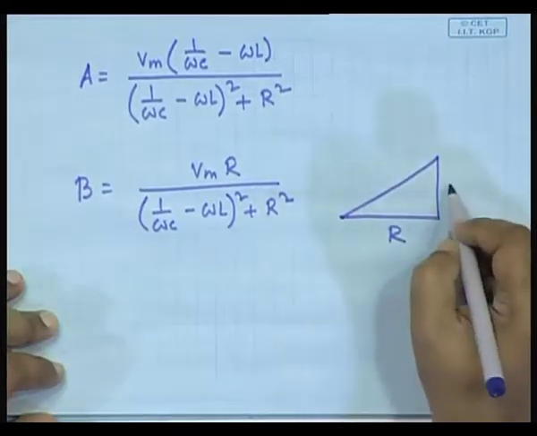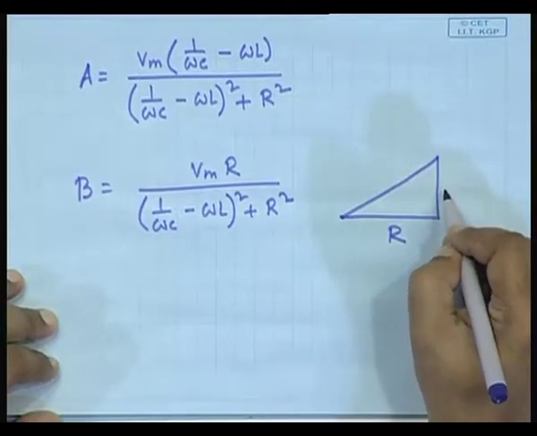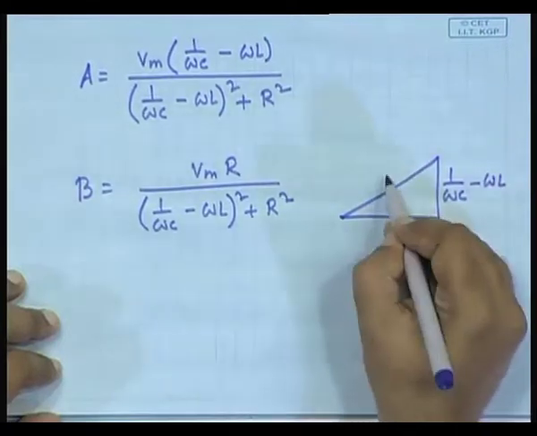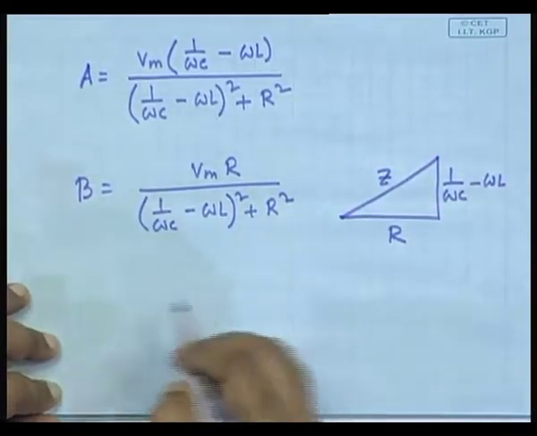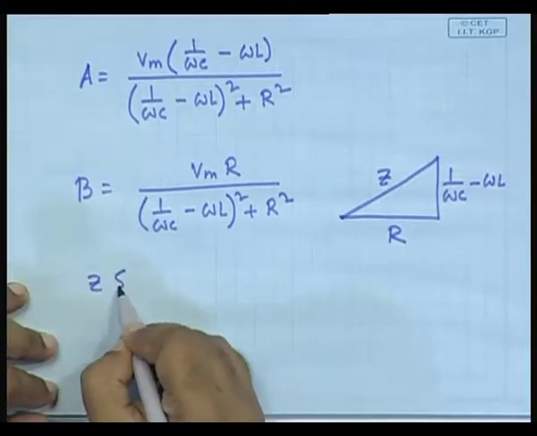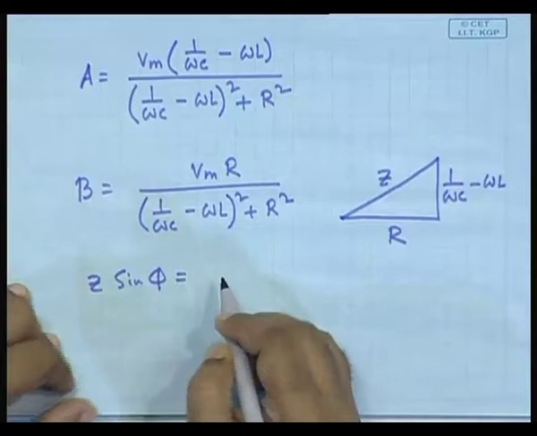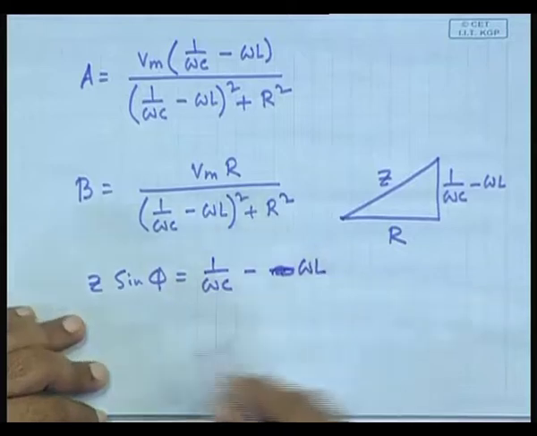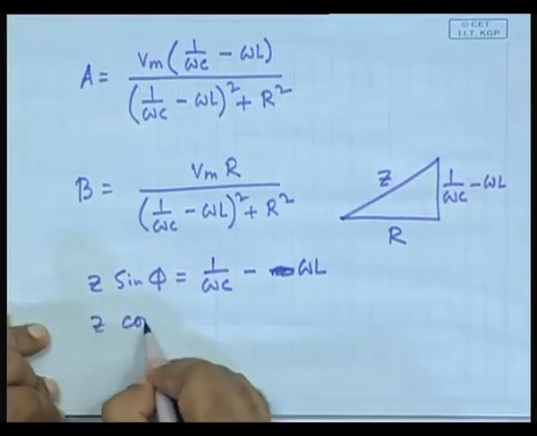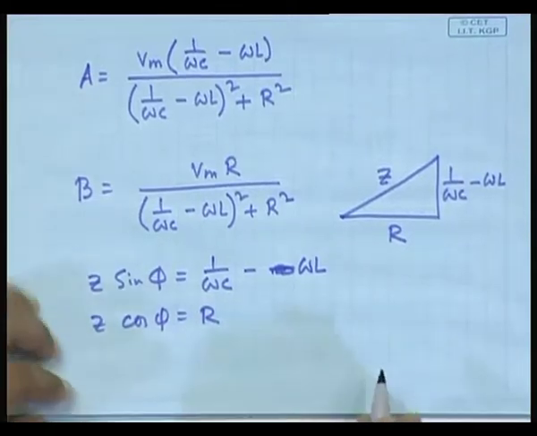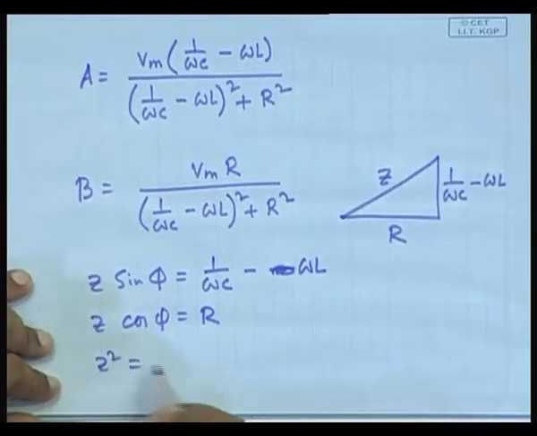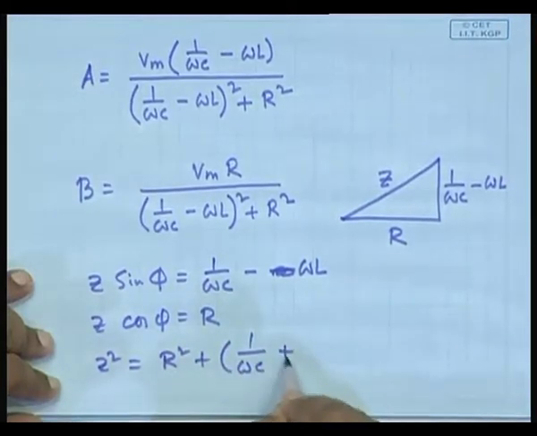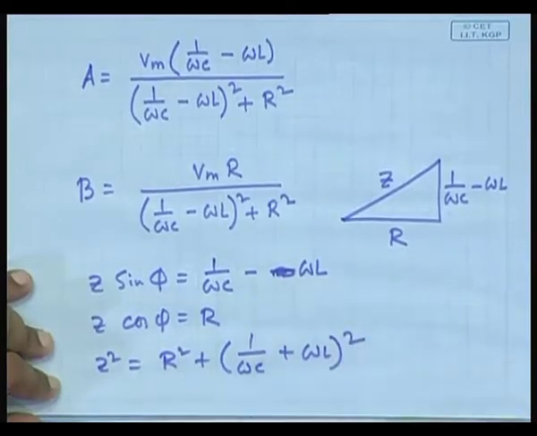Here it is r, here it is 1 by omega c minus omega L, here it is z, which means your z sin phi is 1 by omega c minus omega L, and z cos phi is equal to r, and you have z square is equal to r square plus 1 by omega c minus omega L square.